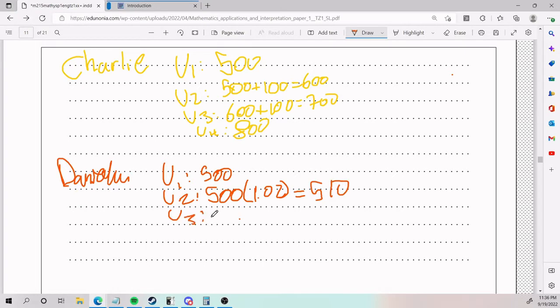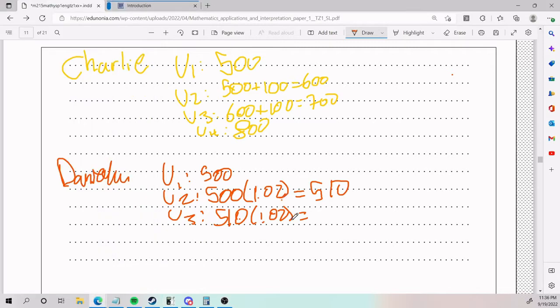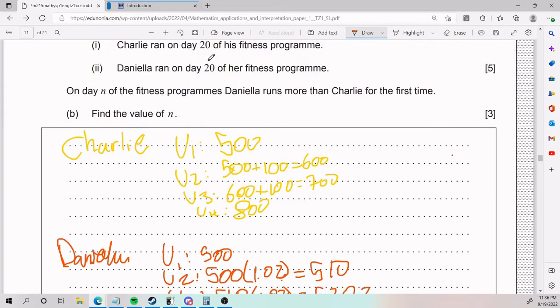U3 increases by 2%, so it's 510 times 1.02, which gives me 520.2. We can keep going and get to U20, but it would take a really long time. There are obviously quicker ways.